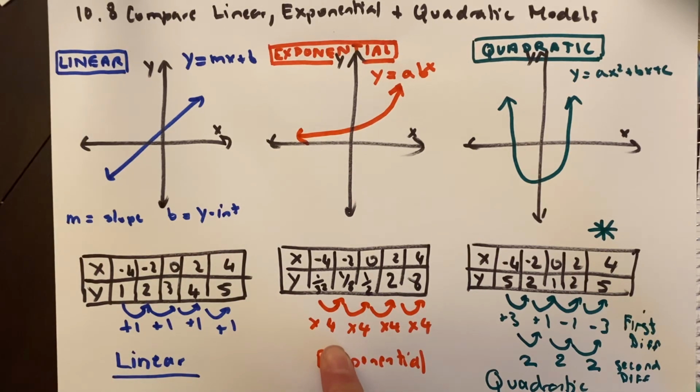You're multiplying by 4 or you're dividing in the case of an exponential decrease. And then with a quadratic equation, you can look and see the general shape of the curve, but you can also do the first differences and then the second differences. And if you find the second differences are all equal, you can say for sure that this is a quadratic equation.